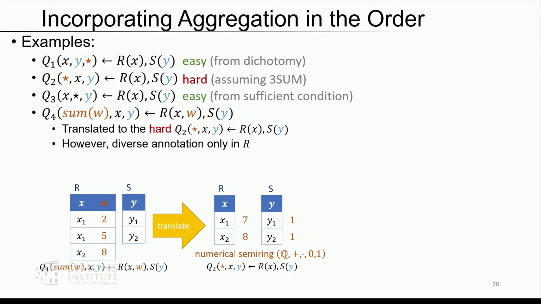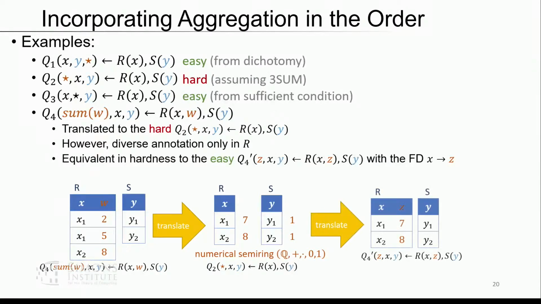So it's not necessarily as hard as before, and actually it's easy. The way we can solve it for this query, we can just imagine here we have another variable, introduce another variable. This would be another column in our table. And then we get the query here. That's acyclic and free-connex and with no disruptive trios. So this query can be solved efficiently, and our example is easy.